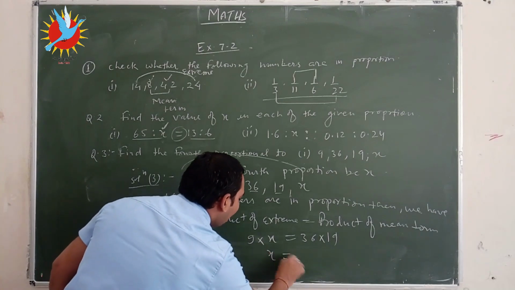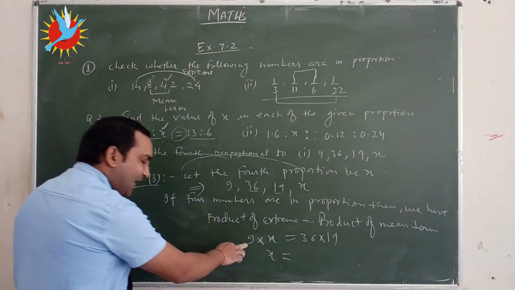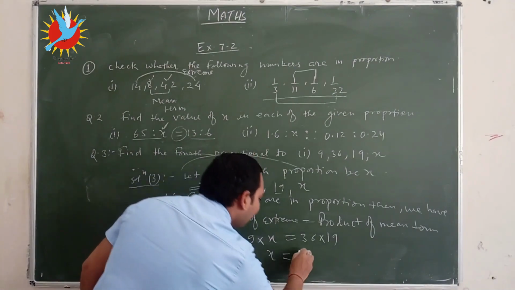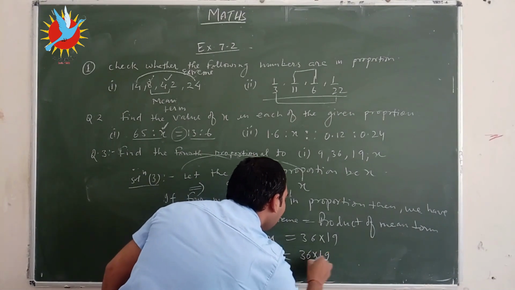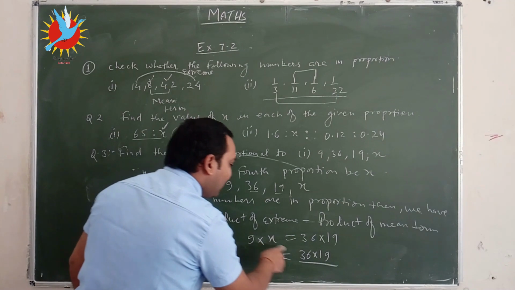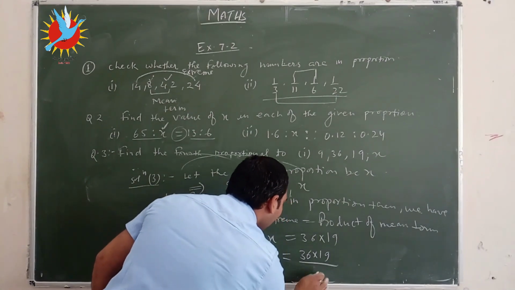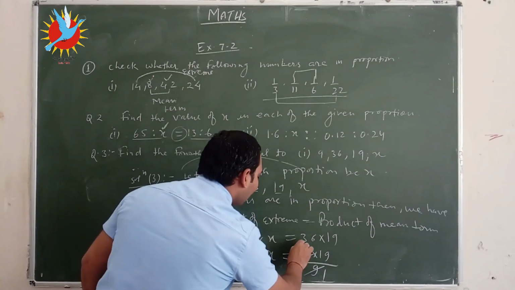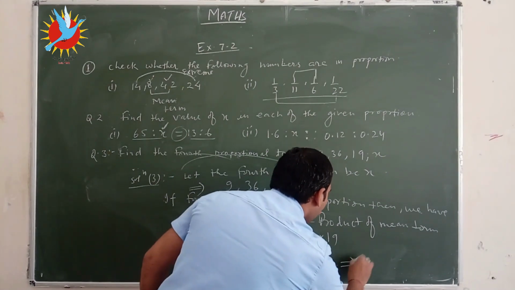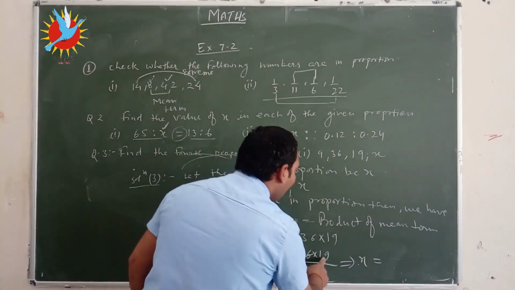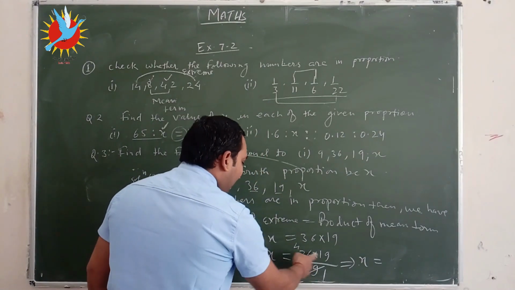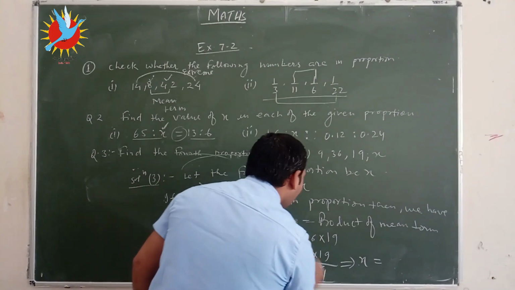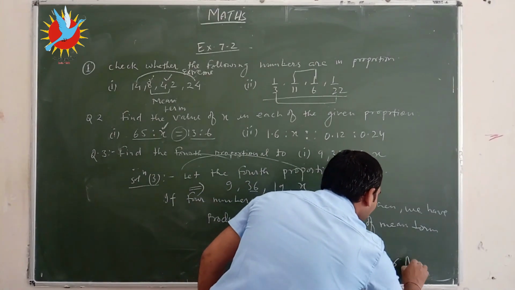Here 9 is multiplied with x. When we change the side, it is 36 into 19, and this 9 multiply will be divide. 9 ones are 9, and in the numerator 9 fours are 36. The value of x is 4 into 19. So 19 fours are 76.